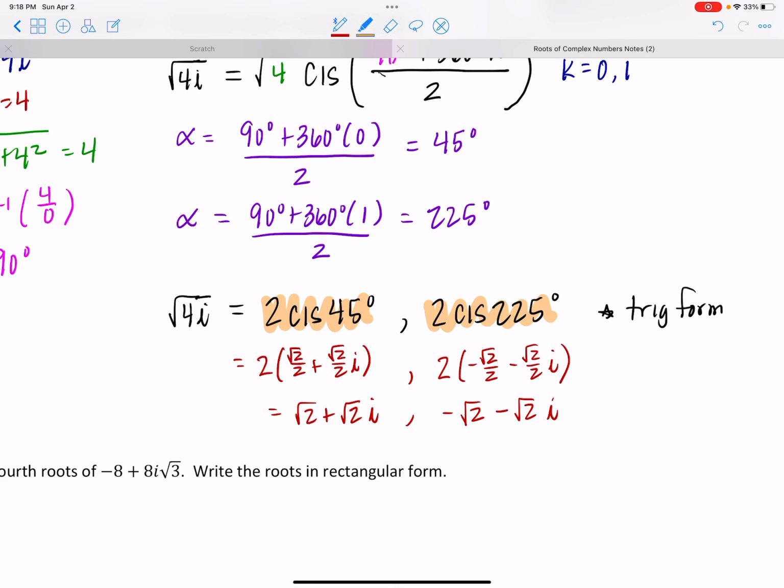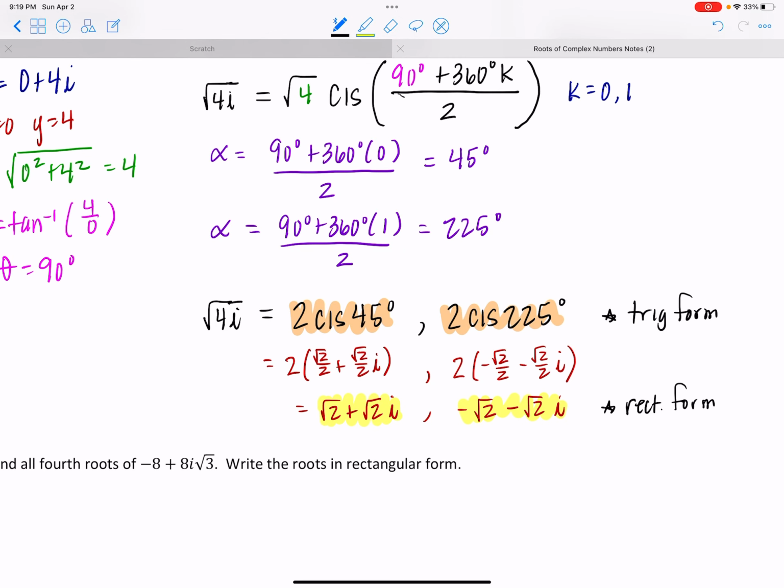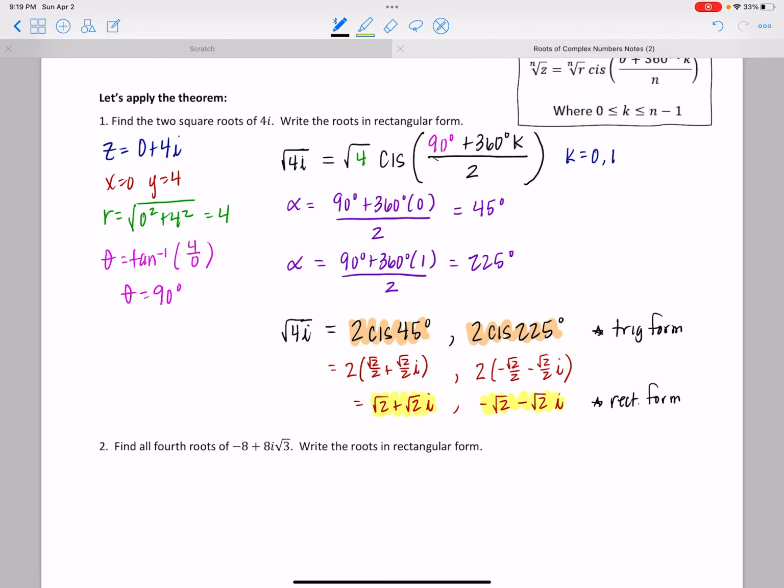And these would be my complex roots in rectangular form. And we're good. Okay, so we're finding the square roots of 4i, and there they are.